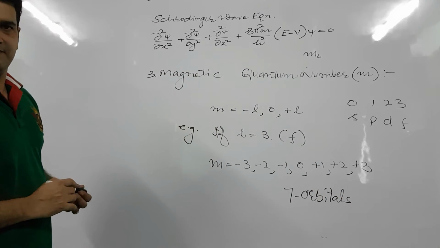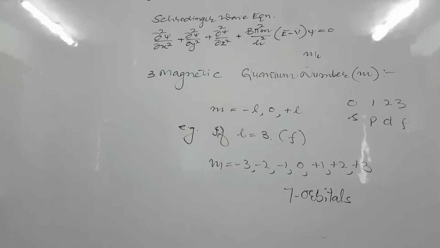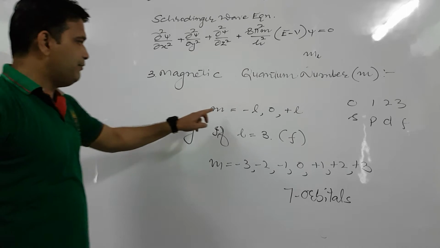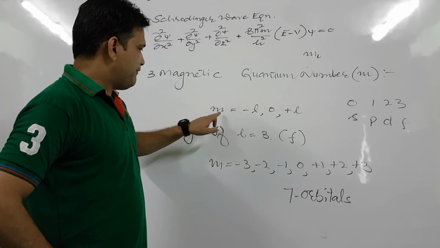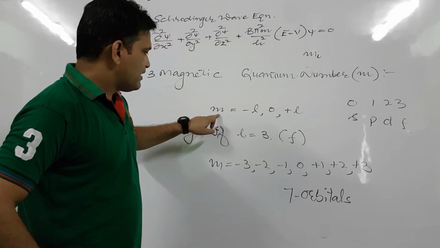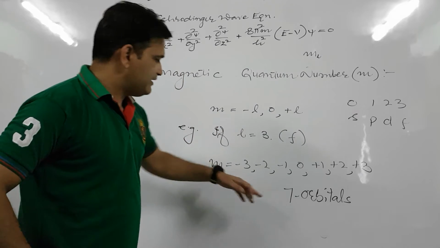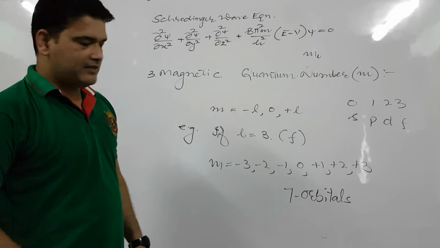You can see the number of orbitals depends upon the subshell. If L is 3, the value of M has 7 values, so there will be 7 orbitals.